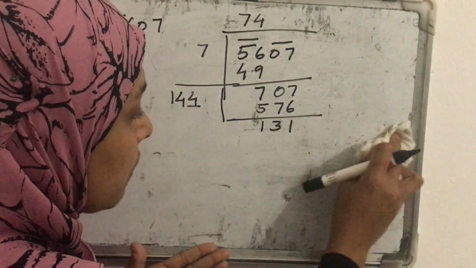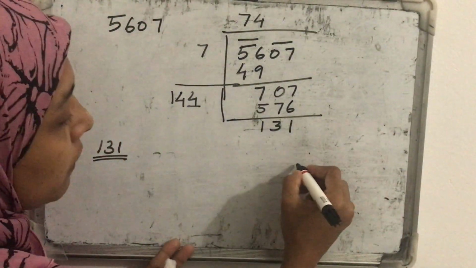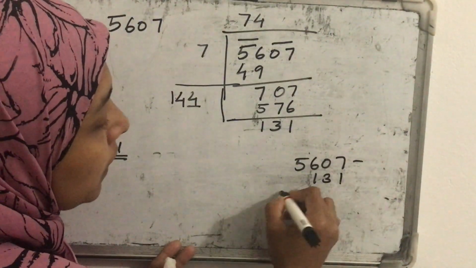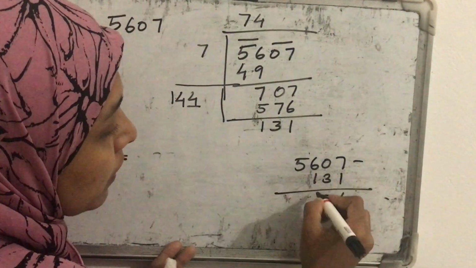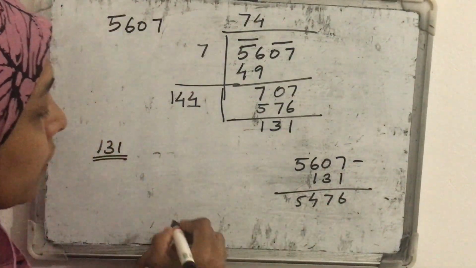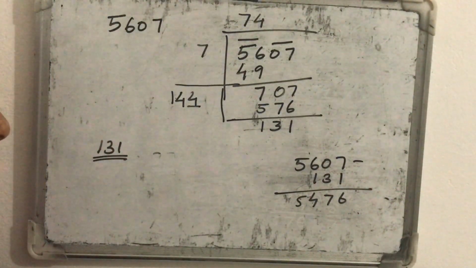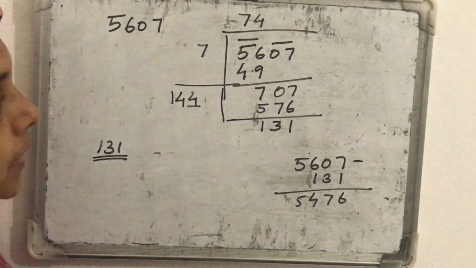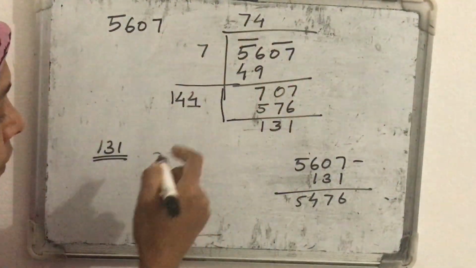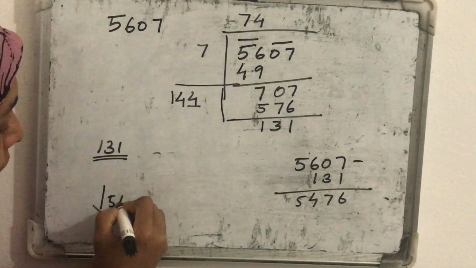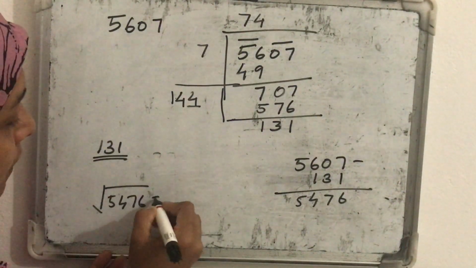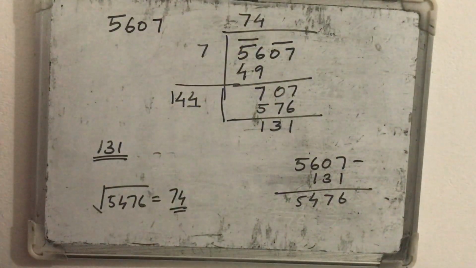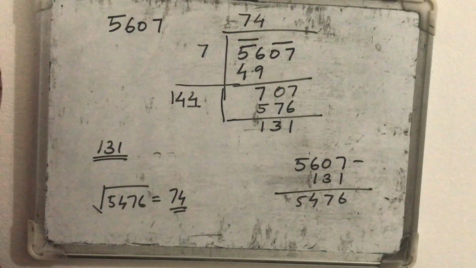After subtracting 131, 5607 minus 131, we will get 5476. Then what will be its square root? It will be 74, the quotient we got already. The square root of 5476 is 74. This way we can find the answer.